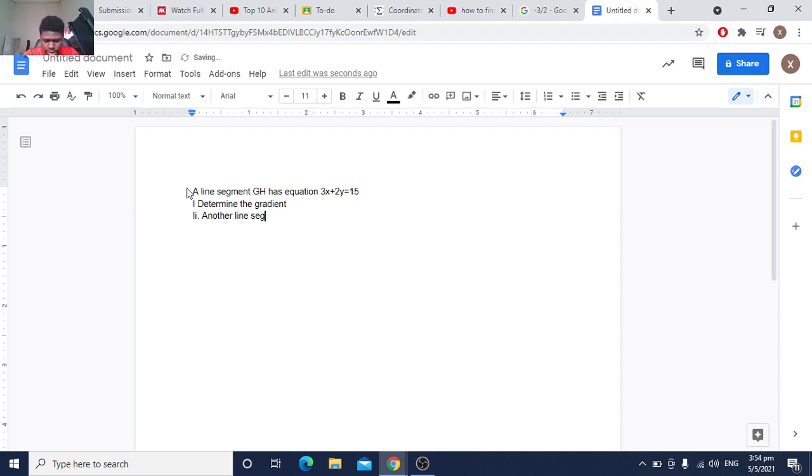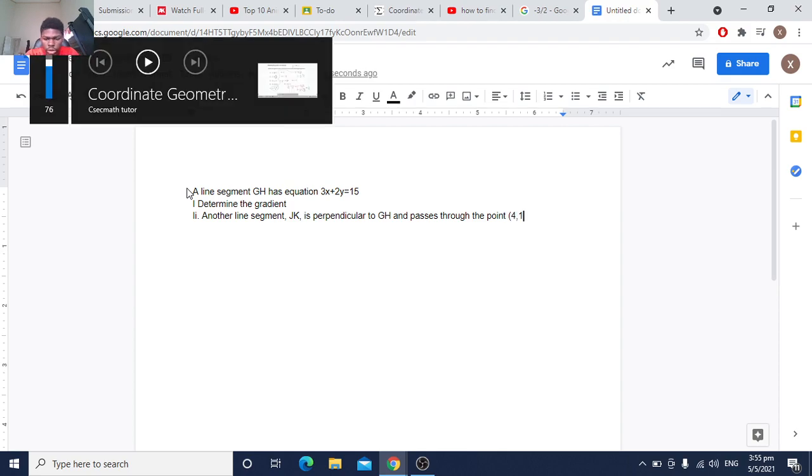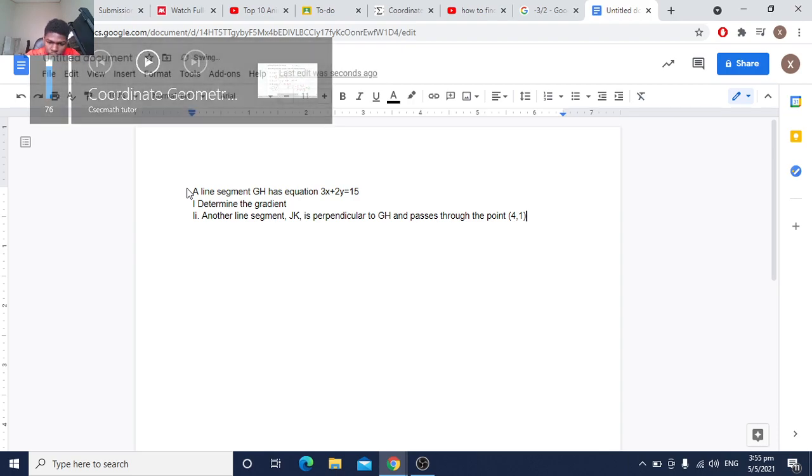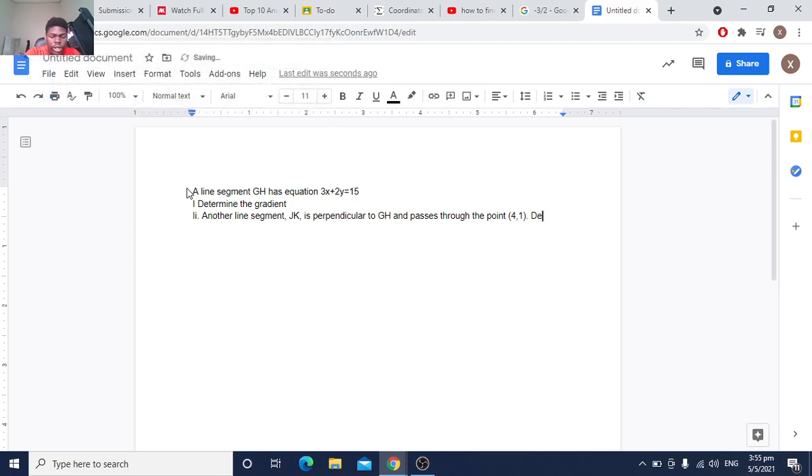Another line segment, JK, is perpendicular to GH and passes through the point (4, 1). Determine the equation of the line JK.